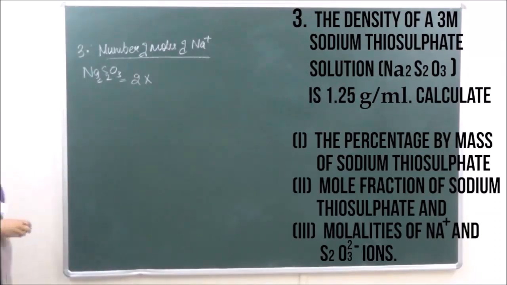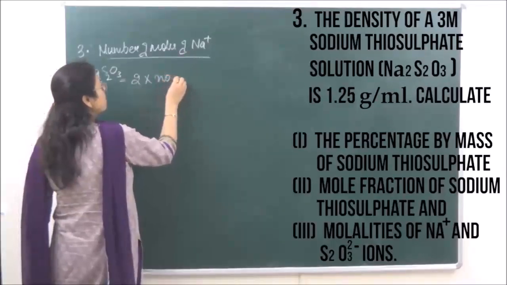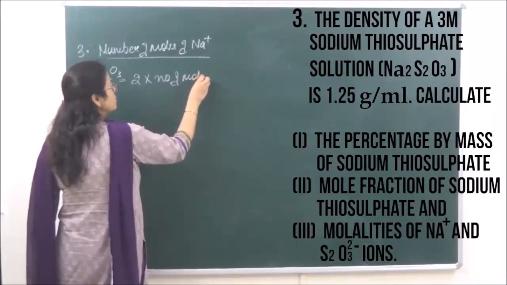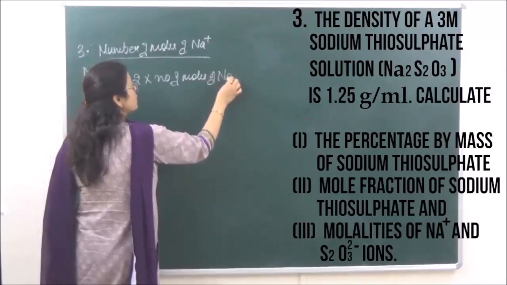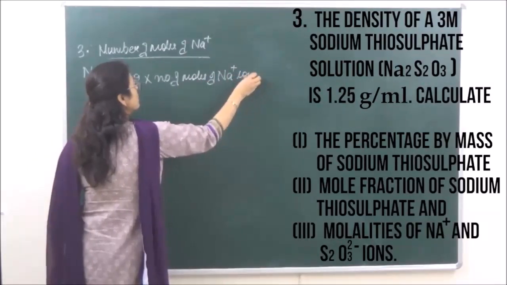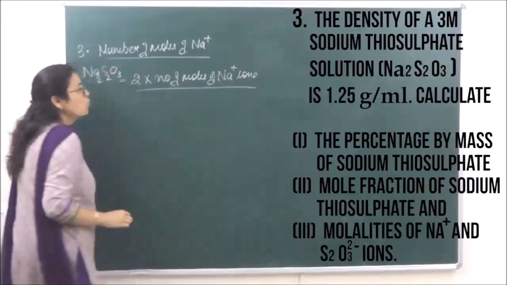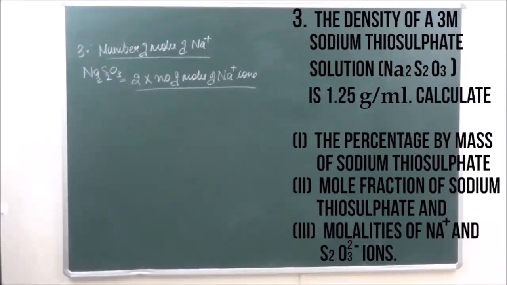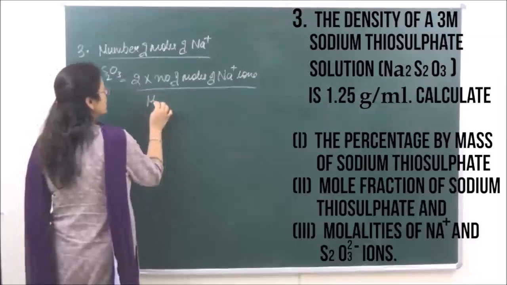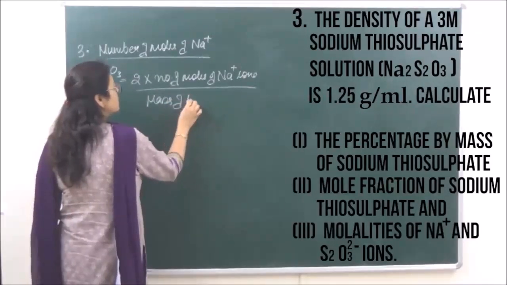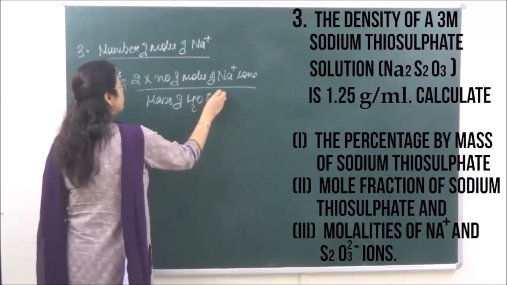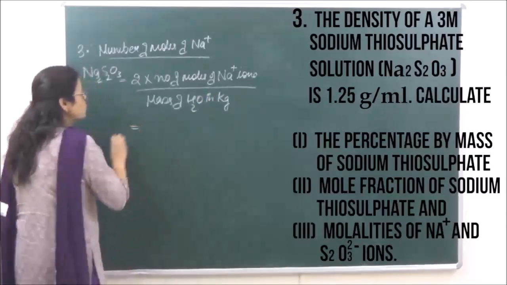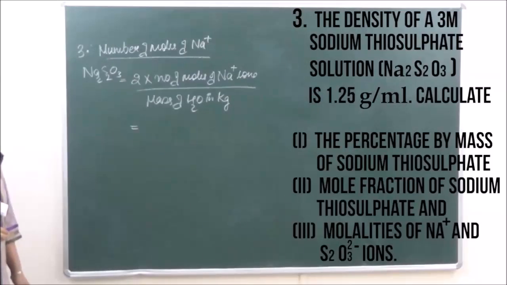So 2 into number of moles of Na positive ions upon mass of water in kg. How much is the mass of water in kg?